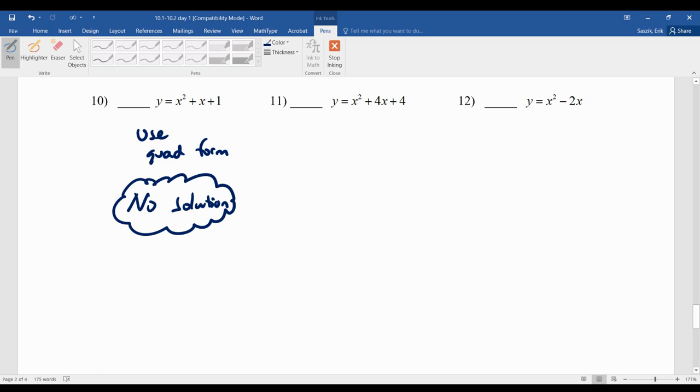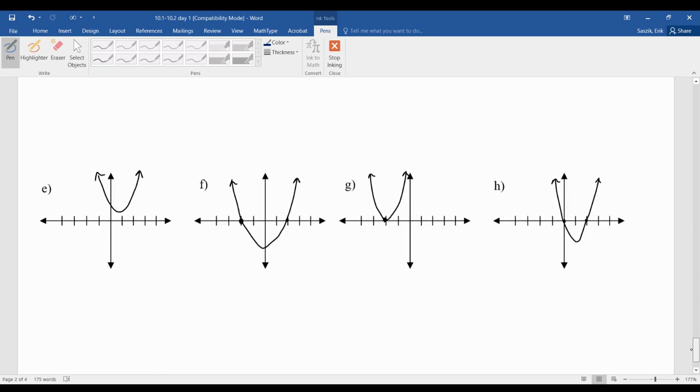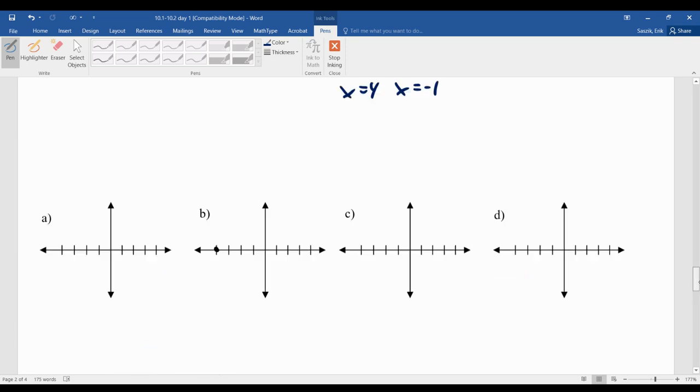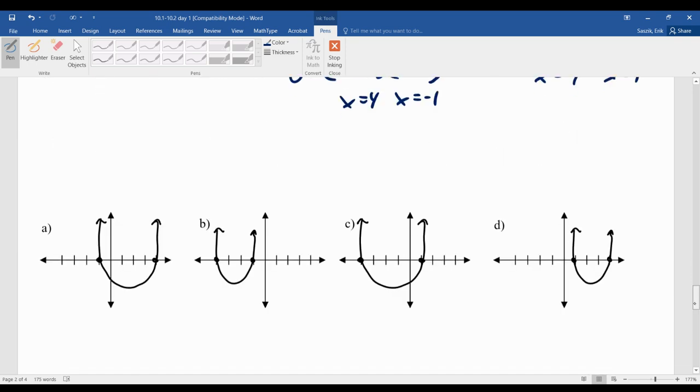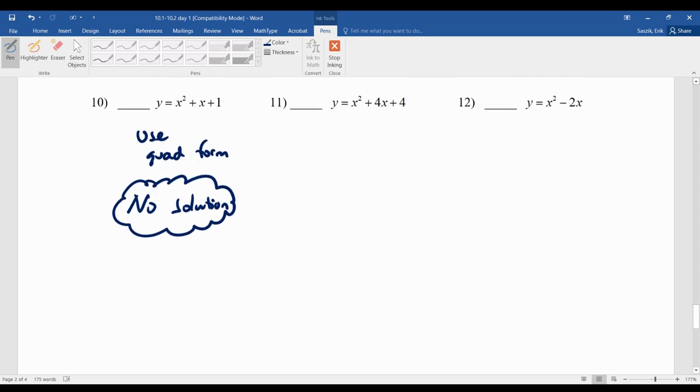So you go down and look at all the graph choices at the bottom of the page. You see these ones down here, and you see no solution. That would be E. You see how the graph here at E doesn't go across the x-axis. So that one will be E.